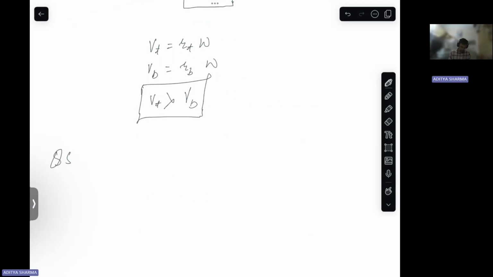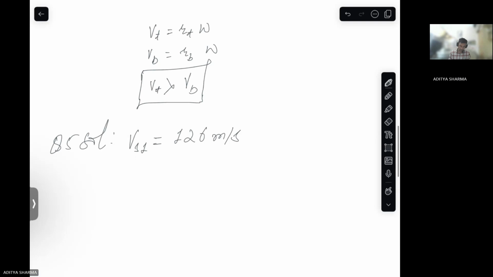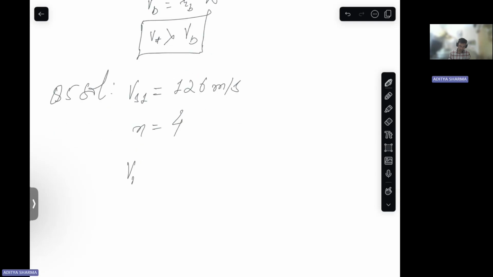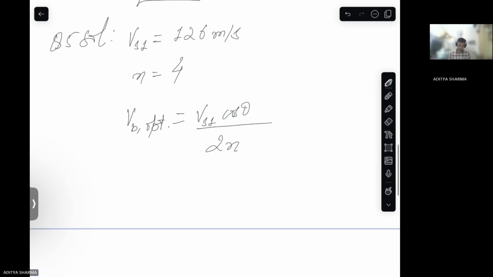this is question number 5. If your absolute velocity is this, and the number of stages is 4, then V_B optimum is V_S1 cos theta divided by 2n.